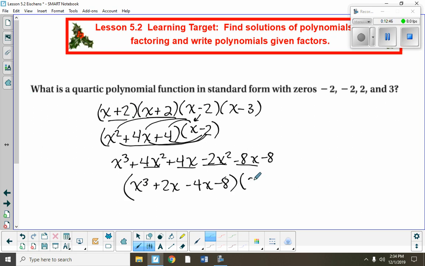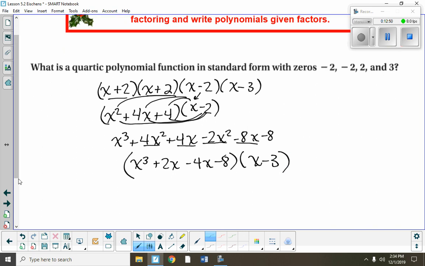Now we still have to multiply all of that by x minus 3. So again, we will double distribute. First, distribute the x through to everything. Okay, x to the fourth. Let me see here. 4x squared minus 2x squared would be 2x squared.